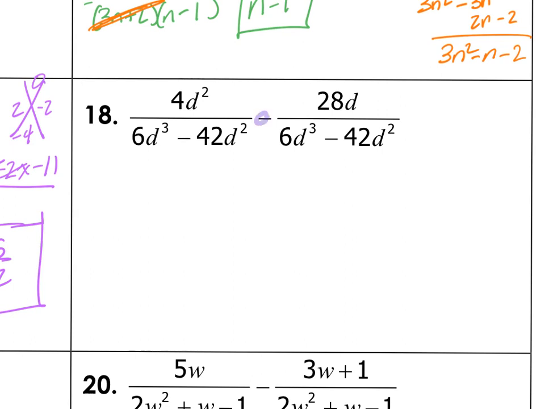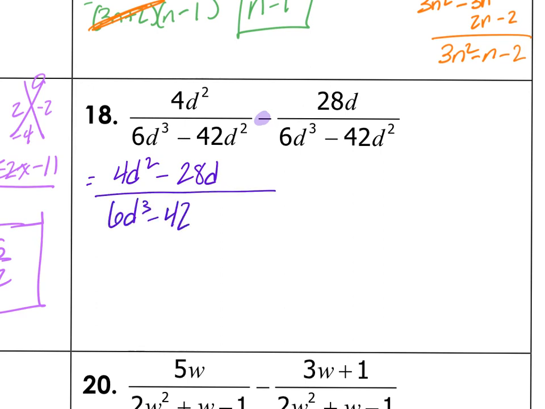So I've got a subtract problem again, or minus. So let's go over here, and I've got 4d squared minus 28d all over 6d cubed minus 42d squared. Awesome. Okay, so now we're going to factor. Let's do the top first.